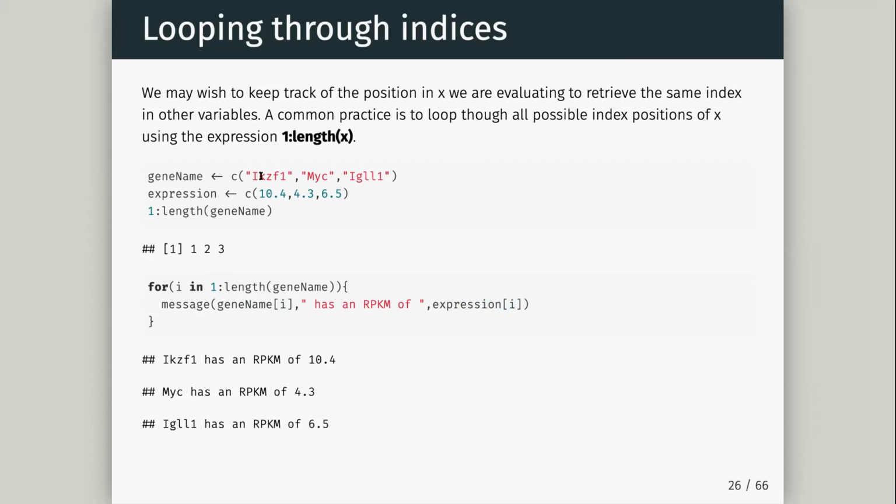So it's going to look up XZF1 here, and then it's going to look up the equivalent expression value from my expression vector there and print that. Okay. So often you won't just be looping directly on the object you want to operate on. You will be looping through the indexes of the object and then applying.